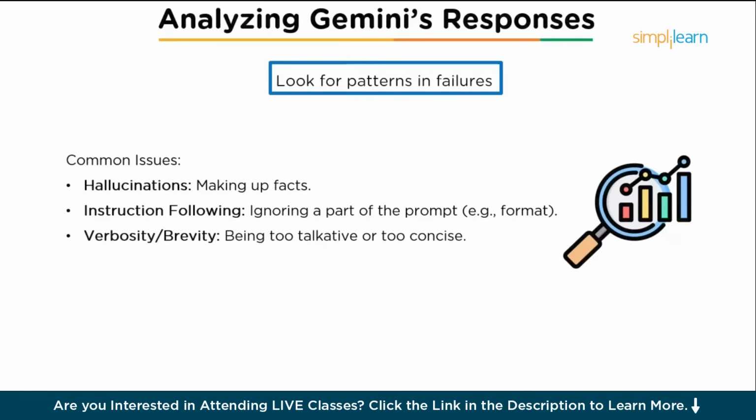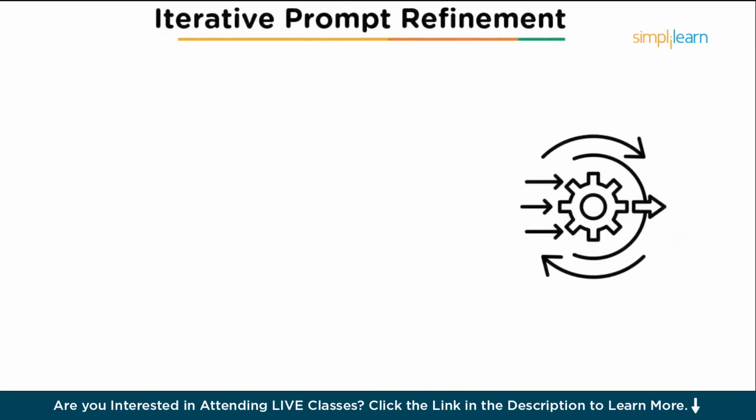Verbosity or brevity issues, meaning the output was either too talkative or too short for your needs. And tone mismatch, where it generated text in an inappropriate style or voice. By recognizing these patterns, you can refine your prompts to guide Gemini towards more accurate and useful outputs.